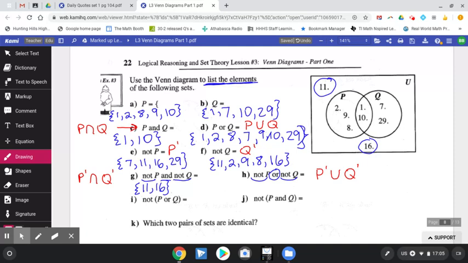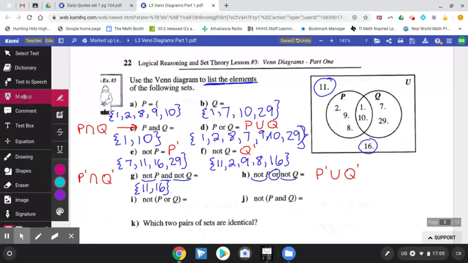So if I was using shading, I would shade everything that is not P. I would shade everything that is not Q. And because I'm adding these two regions together, I would keep it all the same color to make one big region.